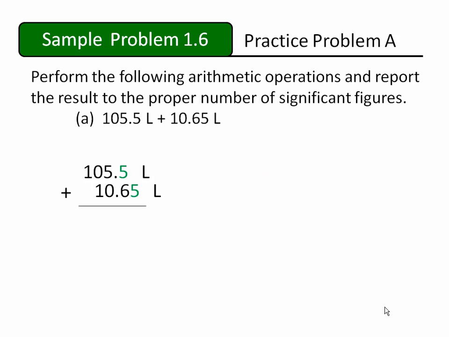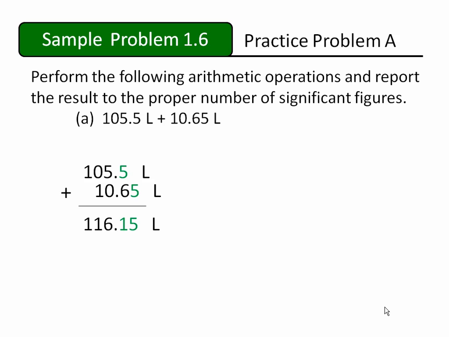If we were to think about doing this addition longhand, we would line up the decimal points and start adding the columns, right? We all know that it is much easier to plug measurements into a calculator and find the solution that way, but the calculator cannot and will not ever be able to round correctly for us. The sum of these two values is 116.15 liters, but the measurement with uncertainty in the highest decimal place is the 105.5 liters, where the uncertainty occurs at the 10th place.